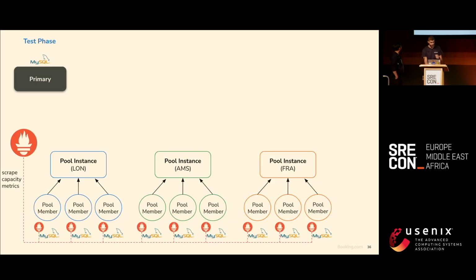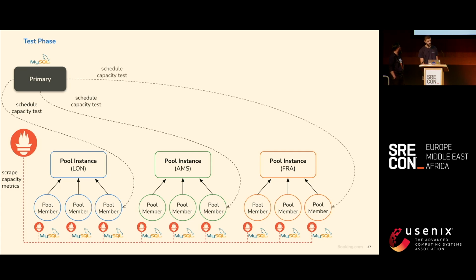So let's see this in action with an architectural diagram. This is the test phase that we saw before, and we start where the Prometheus server scrapes MySQL exporter in individual pool members in 3 regions. So we get the values of the capacity metrics, and at some point, the capacity test is scheduled by the primary of the cluster in a random replica in each one of the 3 regions.